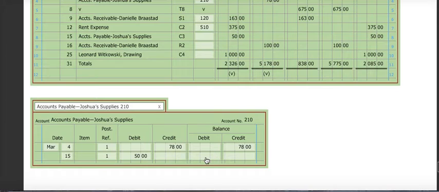So you're going to take your $78 minus your $50, because it's a debit and a credit. So you're taking the difference. So you have a credit left of $28. $28 goes there. We just took $78 minus our $50 to give me $28 left in the credit, because credit is the bigger number. All right, last step on Joshua Supplies is to put our 210 account number up top there.